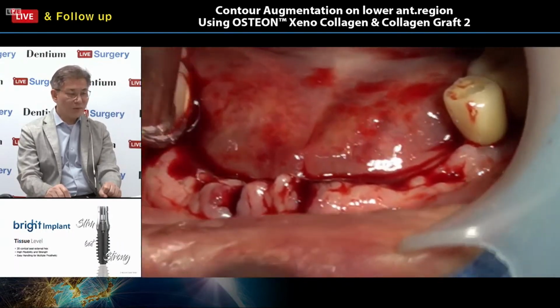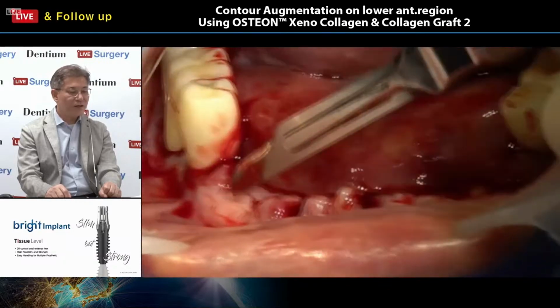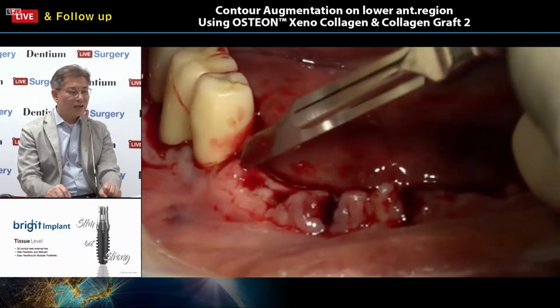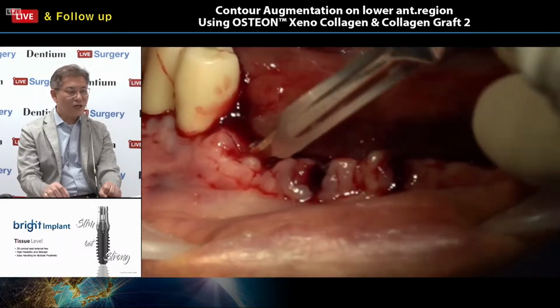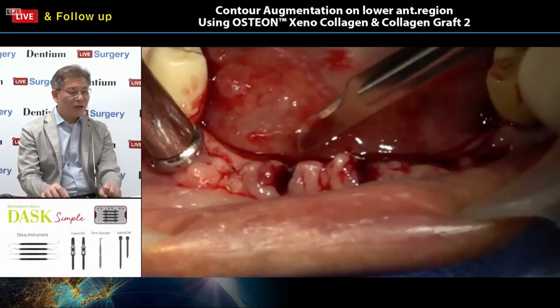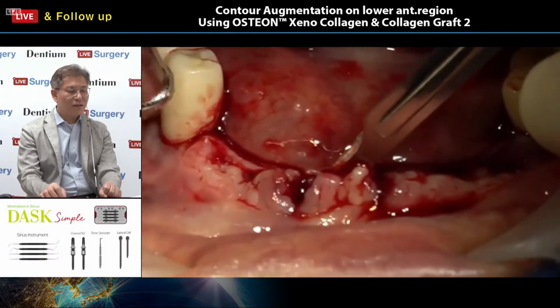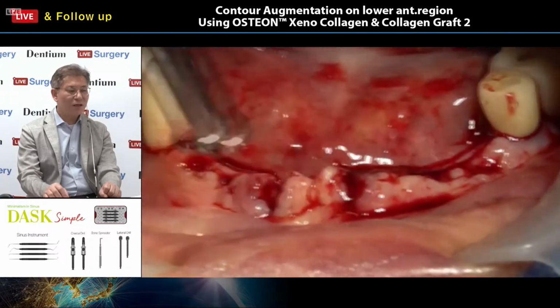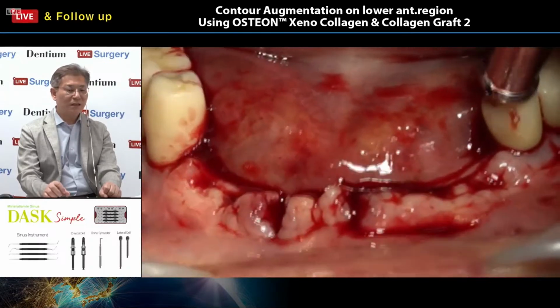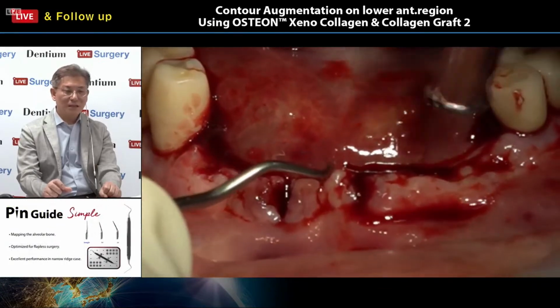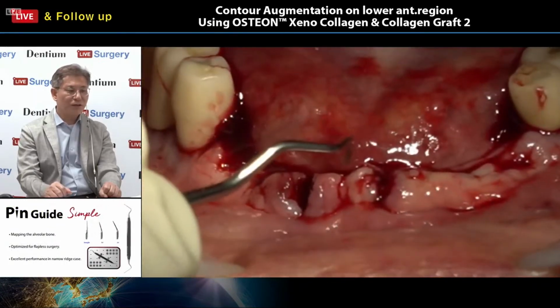Okay, before starting flap reflection, Dr. Chung is cross-checking again the crestal incision line for a clear cut and a clean flap reflection.